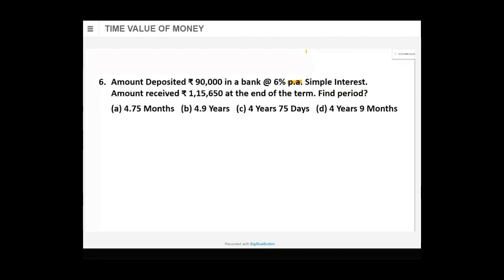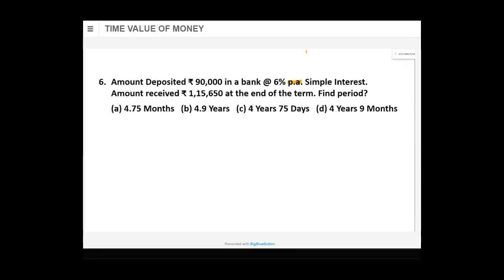जिन लोगों ने ए दे दिया वो गलत. आपका आंसर कितना आया? By solving, what answer did you get? 4.75 years. So now give me the correct answer. 4.75 years, but there is nothing called 4.75 years.